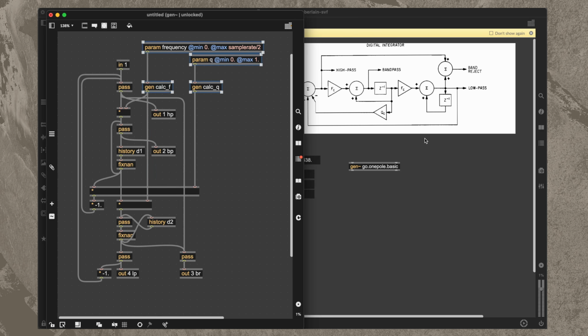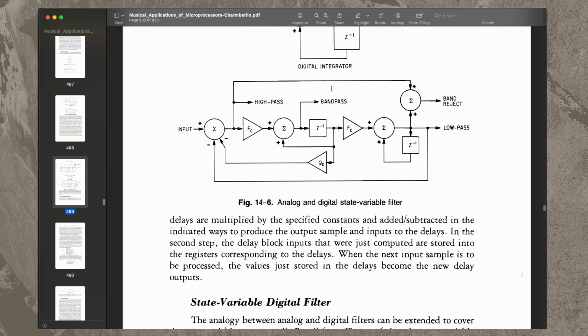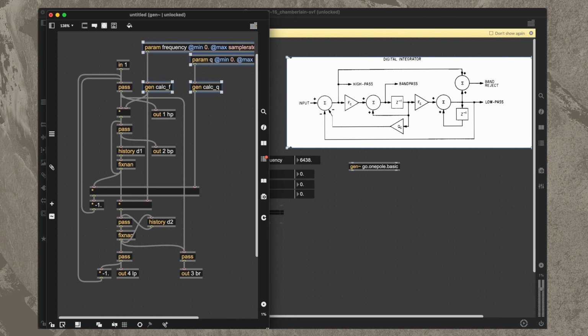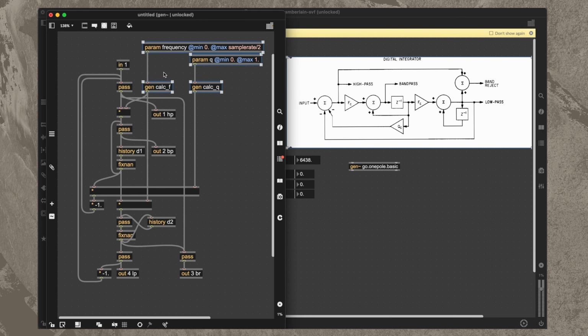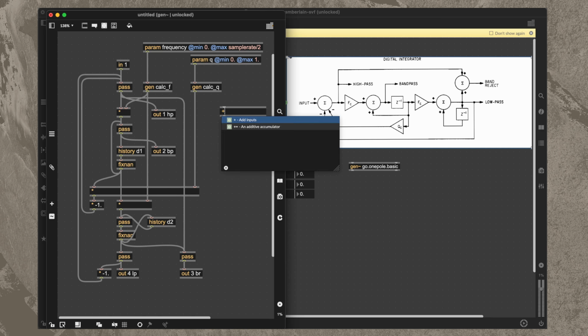But basically, I just did the best that I could to copy this algorithm. So we have, in place of all of the sum junctions, I'm using the pass operator in Gen, and all pass does is just pass through its input to its output. So instead of using the plus object, I'm using the same convention here that we have multiple inputs going into one space.